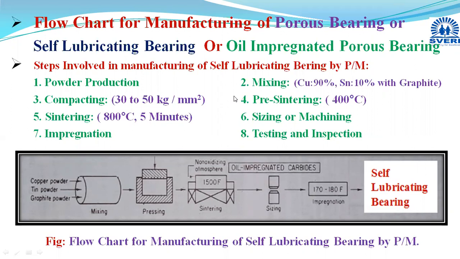As heat is generated, the oil present on the surface of that bearing has its viscosity decrease and volume increase, and it starts coming out from that bearing, and it will spread over that shaft, and it will provide the lubrication.